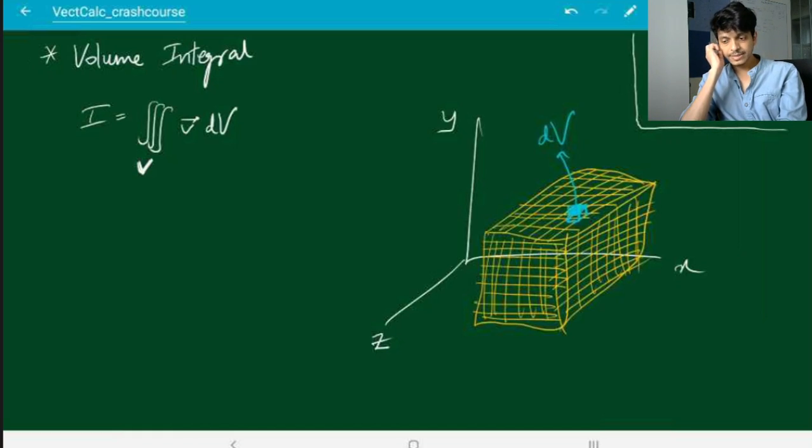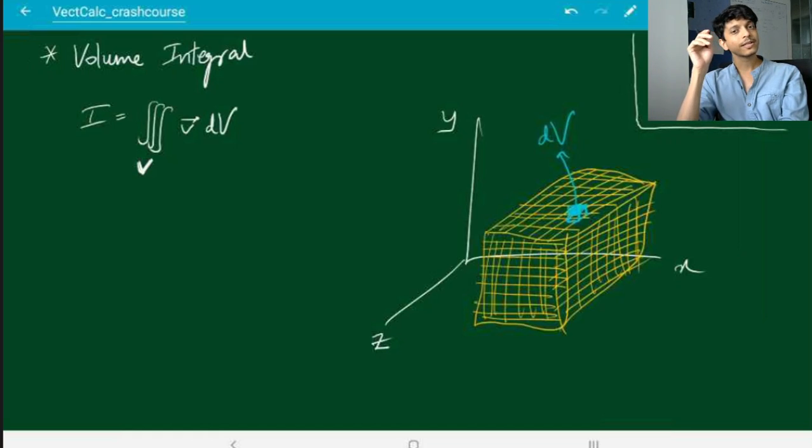Now, one of the reasons for introducing these three kinds of integrals, the line integral, the surface integral, and the volume integral, is to talk about three very important theorems, which are used extensively in classical mechanics, electromagnetism, relativity, and so on. Especially in electromagnetism, we will use these a lot. So it's a good idea to keep this in mind.